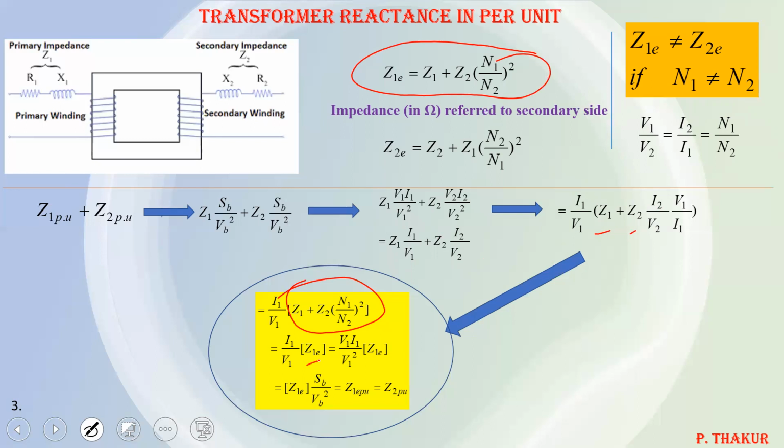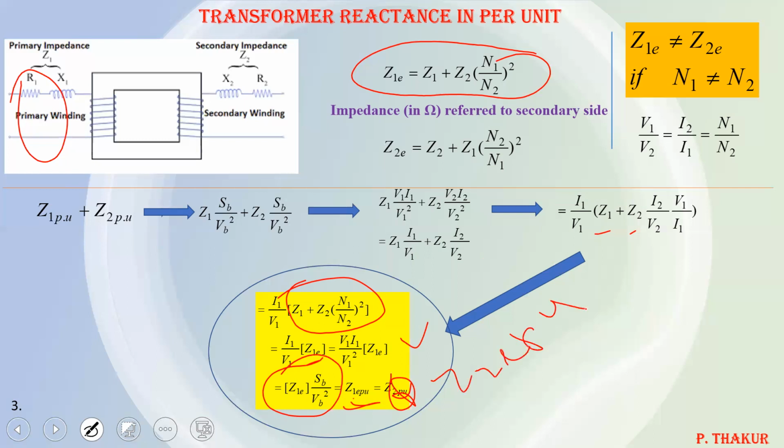And again, you can multiply V1 in numerator and denominator, you will get this term. And what is V1 I1? It is volt ampere rating, SB. And what is V1? V1 is the base value for the primary side. So you will get Z1E into SB by VB square. And what is this? This is Z1E per unit. And already you have seen Z1E per unit is equal to Z2E per unit.